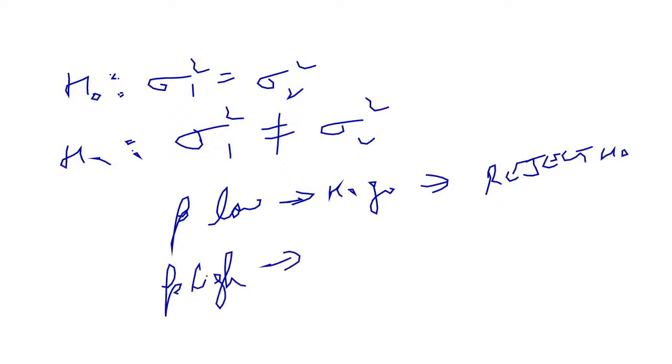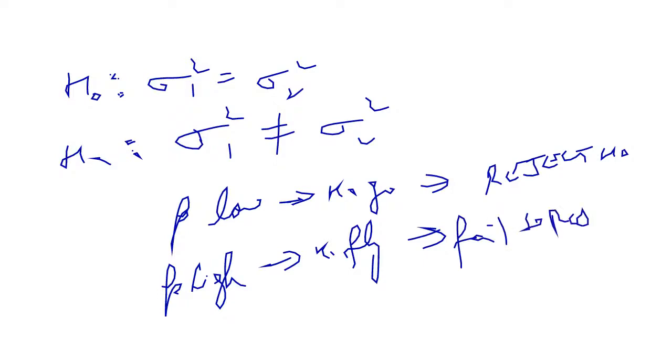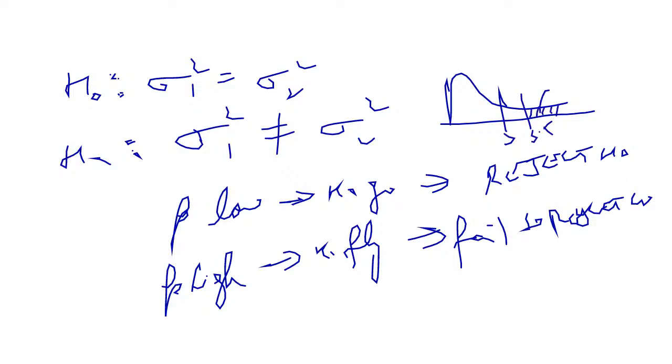P high, null fly, fail to reject null hypothesis. Now let me draw this small F distribution here. So this is 3, 3.5, this area, so this p value is less than 0.05, which means this follows the P low, null go rule.